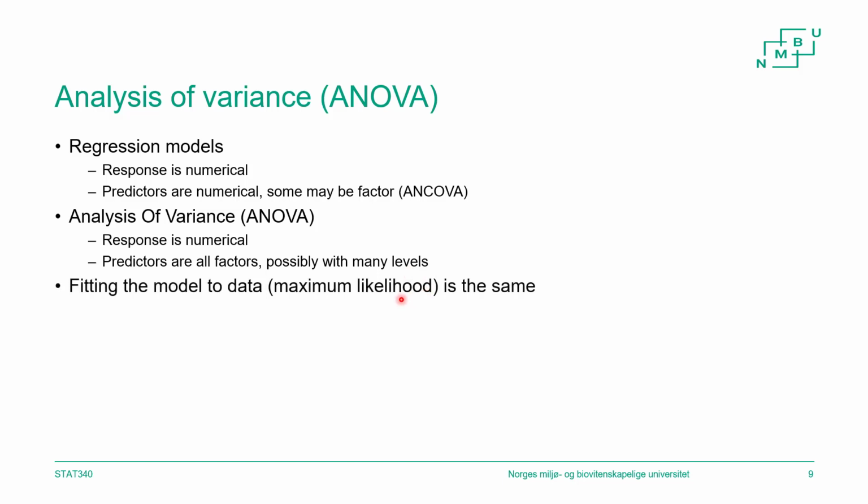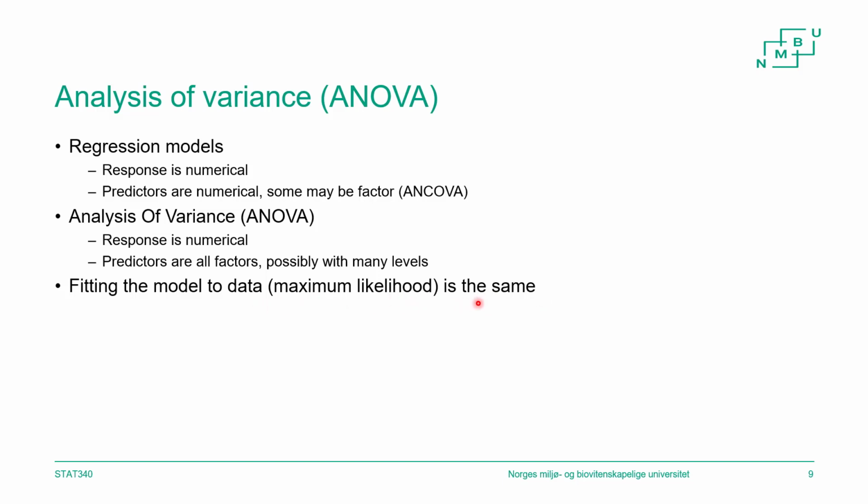The fitting of the model to data is exactly the same as for regression. There is actually no difference. And in many ways, there isn't any real mathematical difference between ANOVA and regression. The fact that we replace the numerical variables with factors doesn't really change the underlying mathematics at all.